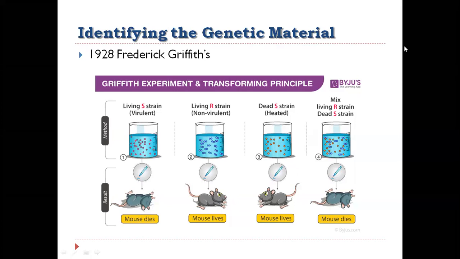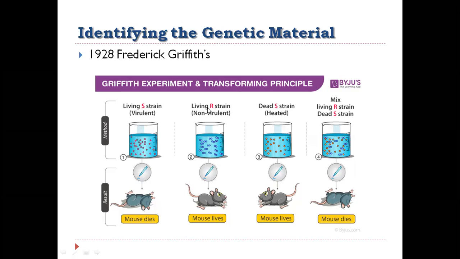So in 1928, Frederick Griffith did an experiment, and in his experiment, he used two strains of bacteria. The bacteria was Streptococcus pneumoniae. The S strain was virulent, so it means that this bacteria produces illness. But then he used the strain R, and we need to remember that the strain R didn't produce illness because it was a non-virulent bacteria.